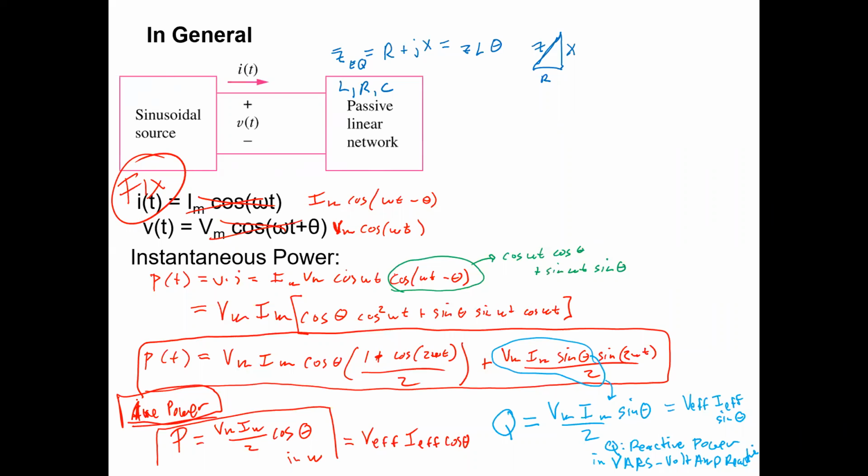So another thing that shows up a lot is this Vm over 2. We can define a new term S, which is Vm over root 2 times Im over root 2, but Vm over root 2 and Im over root 2 are the RMS or the effective values of the voltage and current, right?